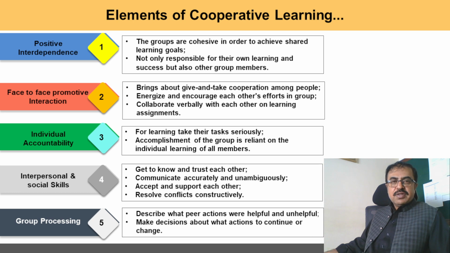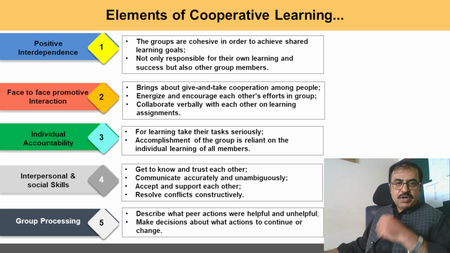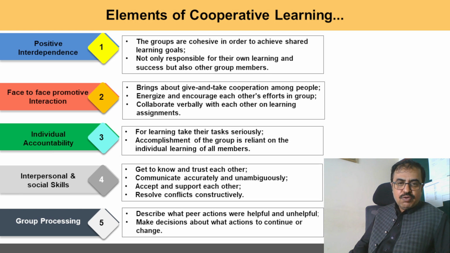The last one amongst the elements of cooperative learning is group processing. Group processing basically refers to what went well, what did not go well, what needed to be further polished or improved. That is called group processing. We could see whether the peers' actions were helpful or not when the cooperative learning was taking place.